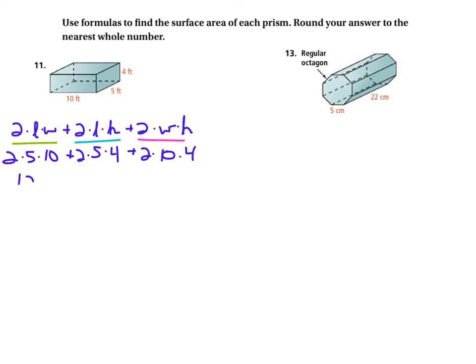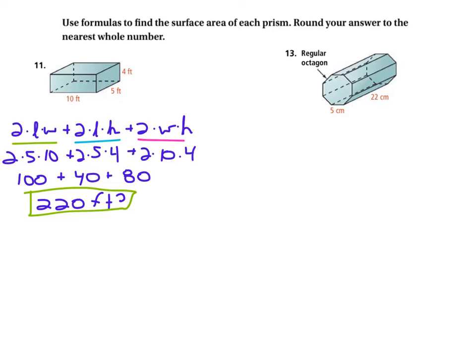We calculate all this out and get 100 plus 40 plus 80. Add it all together and that becomes 220. And what were the units? Feet squared. Okay, that's number 11, and I'll box that answer.